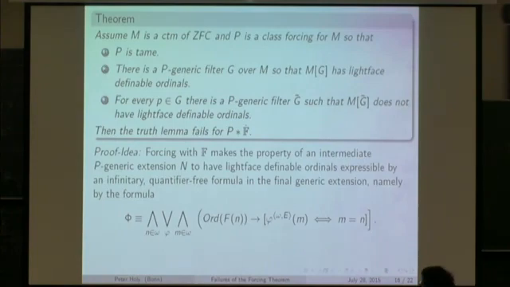The main idea is that forcing with Friedman's forcing makes the property of the intermediate generic extension N, the model after just forcing with this forcing P, to have light-face definable ordinals expressible by an infinitary formula in the final generic extension.